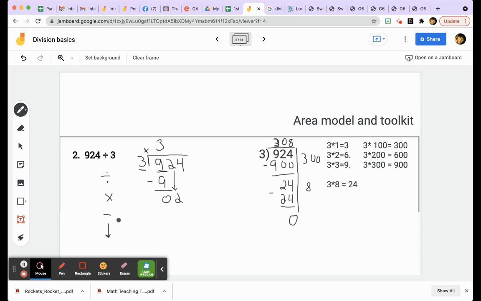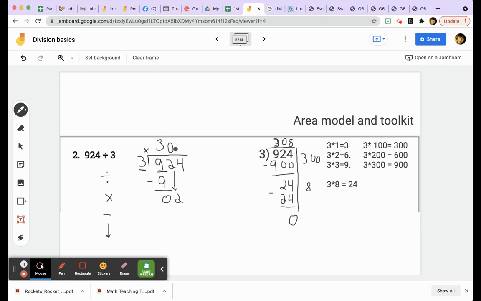Now that I've completed my 4 steps, I come back to the first one and I divide. How many equal groups of 3 will fit in 2? Well, that would be none. So I'm going to put a 0 in the quotient. Once I start my cycle, I have to finish it. So I divided.